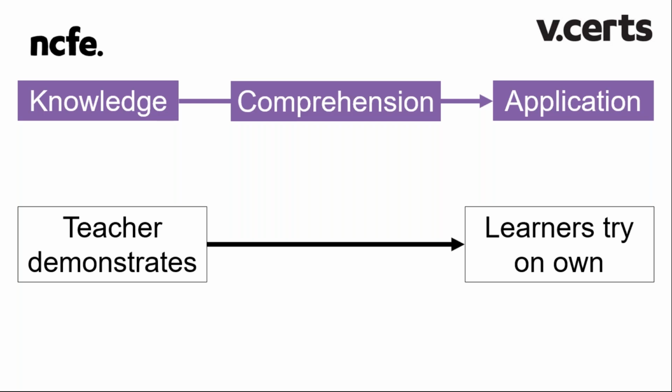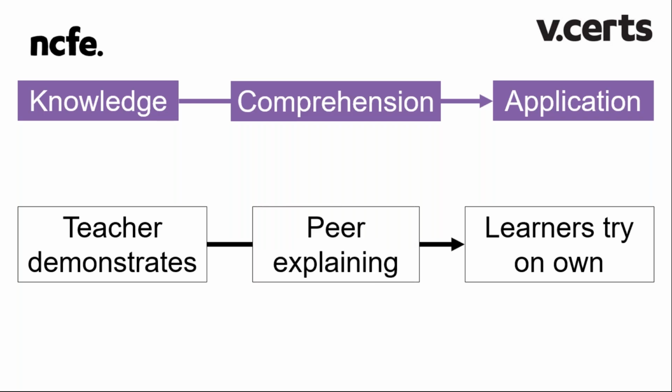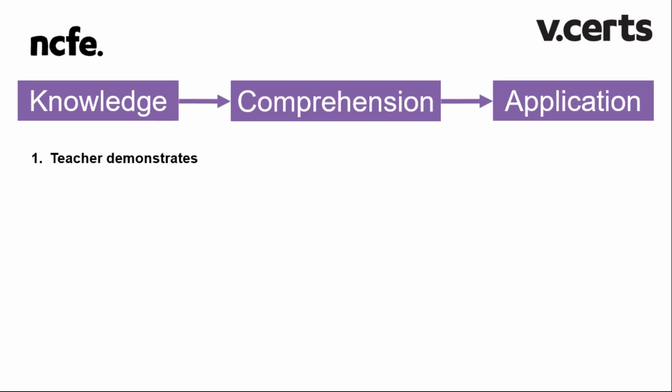And while you probably will do this through questioning the class, another method can be through peer explaining. So this is where the learners have to explain what was taught to each other, and model answers can actually help with that. So one way of doing this would be the first step, teaching and demonstrating the content as you normally would.